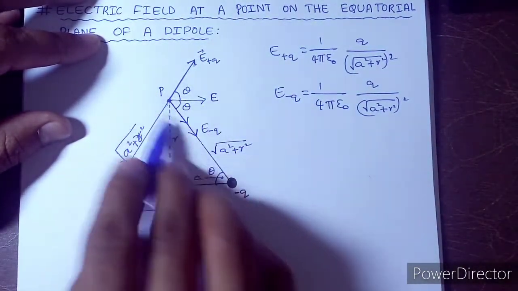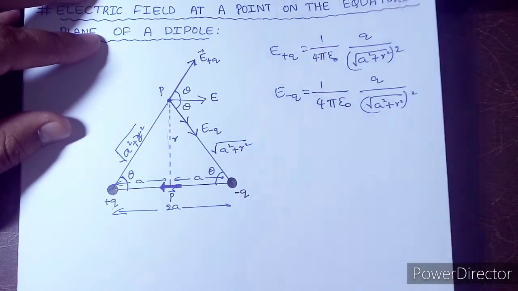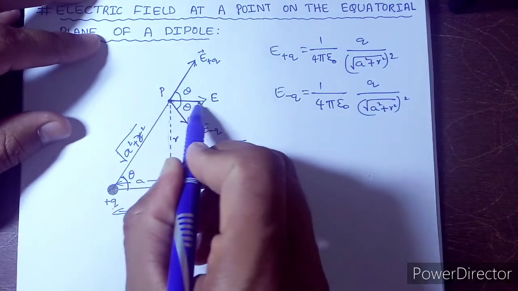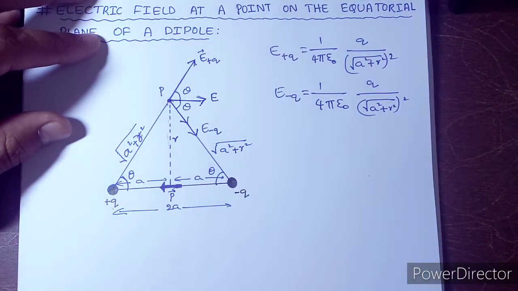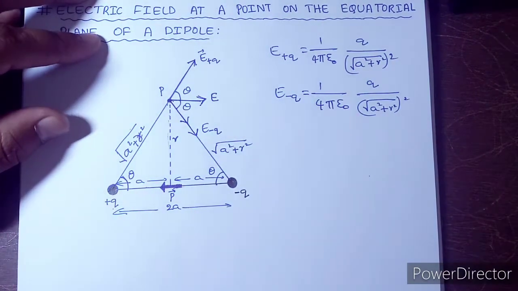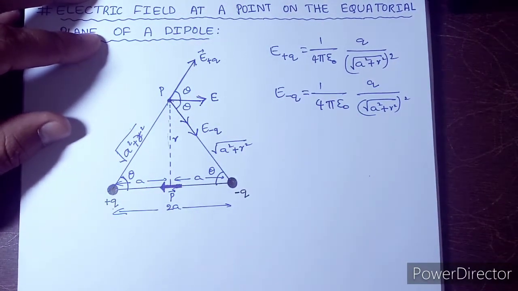Since they are directed in particular directions, we will find the resultant electric field due to both of them, then we can consider the polarity with respect to this dipole moment.